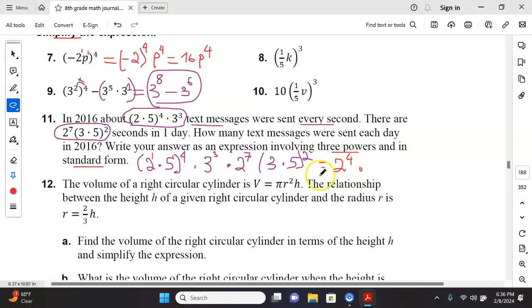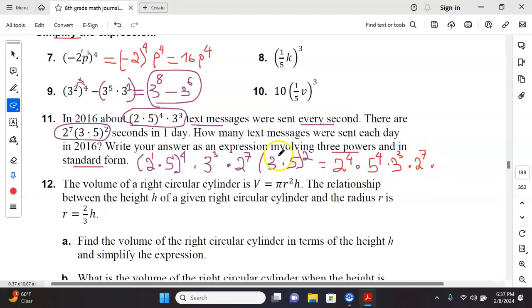gives me 2 to the 4th power, times 5 to the 1st raised to the 4th power, that's going to give me 5 to the 4th power, times 3 to the 3rd. Leave the 3 to the 3rd power alone, because there's nothing else I can do to that yet. And then times 2 to the 7th power.